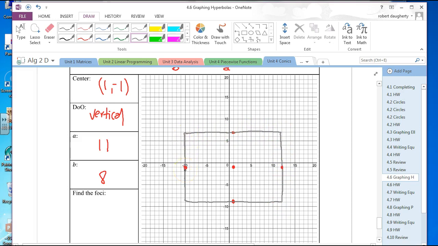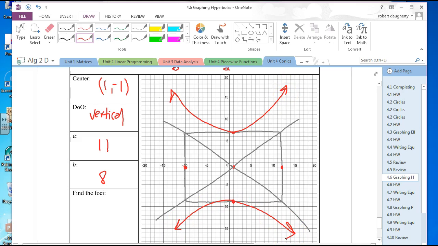What do I do next? Draw the asymptotes. That's from the center going through every vertex of the rectangle. Is this guy horizontal or vertical? This is vertical, so I go ahead and I can graph it. It looks like this. At this point, if I knew that it was horizontal, what would I do?